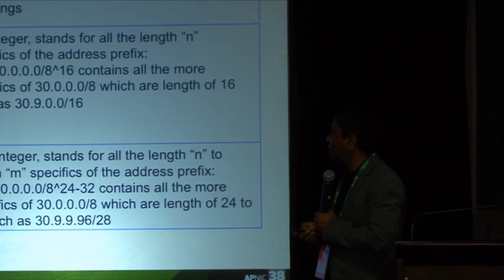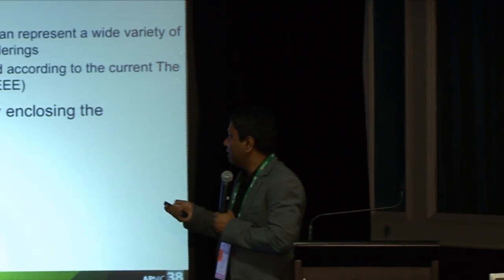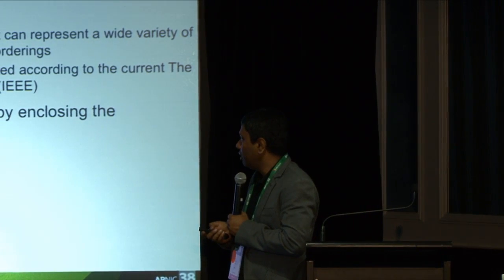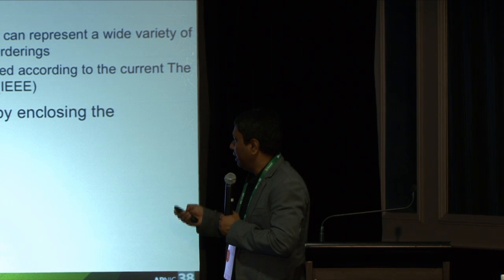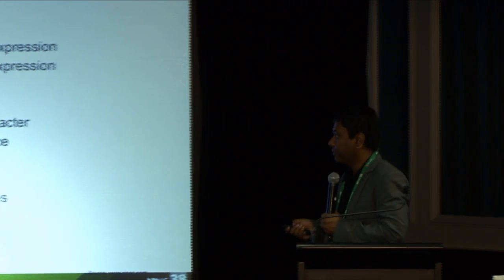The previous one was the address prefix match regular expression. In the AS path regular expression, the dot character will match one character within the string. Star matches any number of the preceding expression.